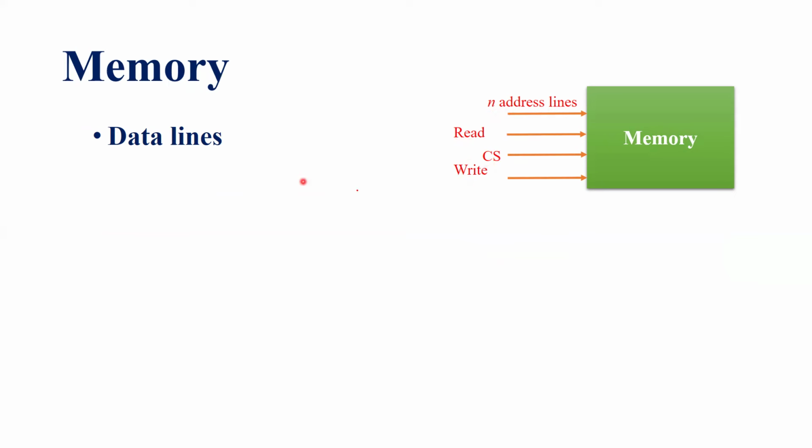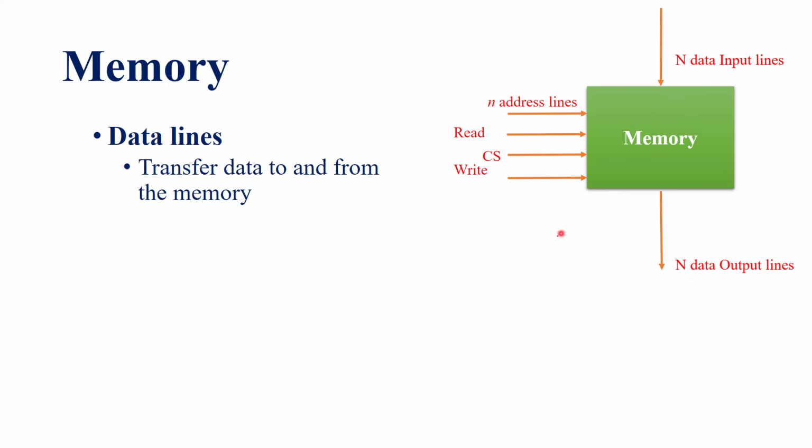Now, the final one, we talk about the data lines. You have n data input lines to the memory and you have n data output lines. The data lines are used to transfer data to the memory and from the memory.